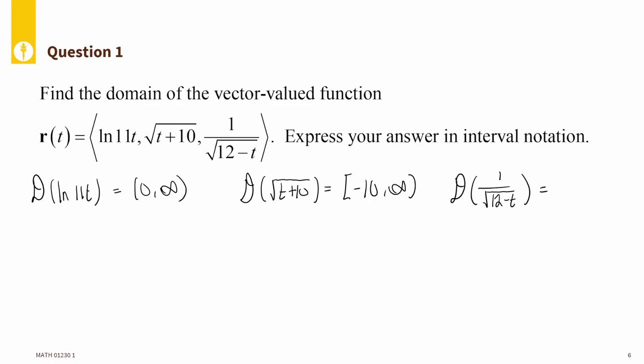So negative infinity to 12, not including 12. This isn't complex analysis, so we're not allowed to have negatives in the square roots. The domain of R is then the intersection of those three domains.